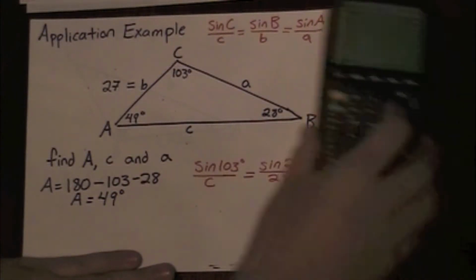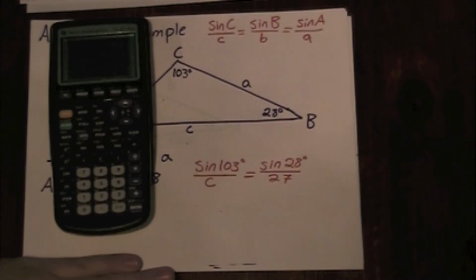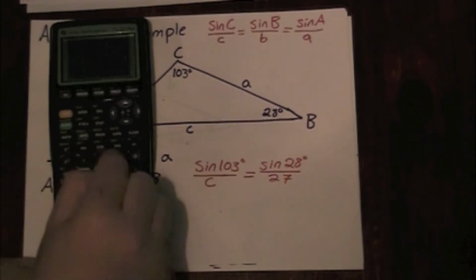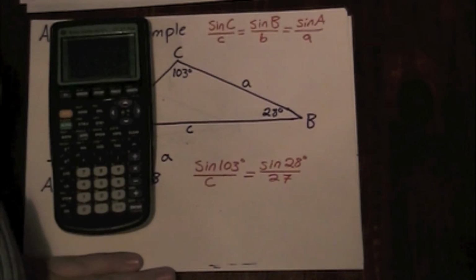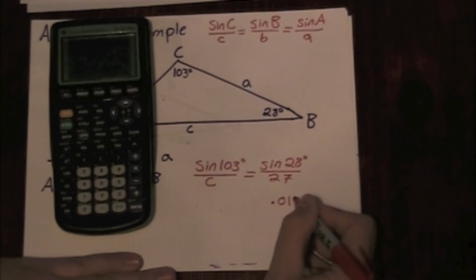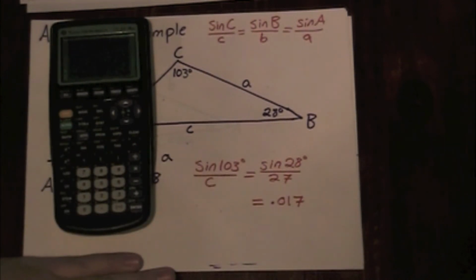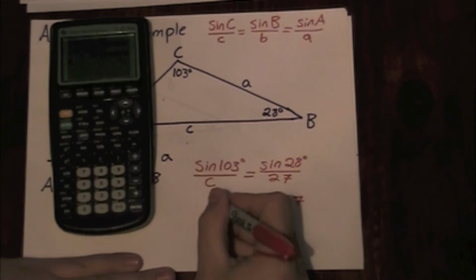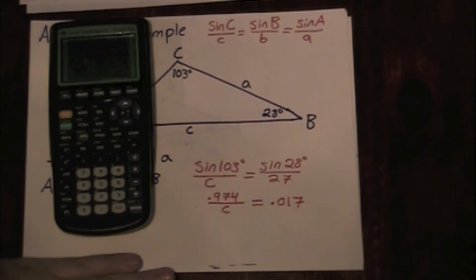Once again, make sure your calculator is in degrees instead of radians, and begin plugging these things in. If I do sine of 28 degrees, close my parentheses, divide by 27, I get 0.017, carried out to 3 places. I can type in sine 103, and I arrive at 0.974, divided by c.